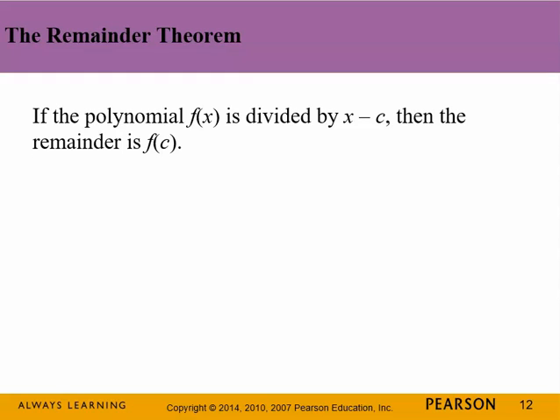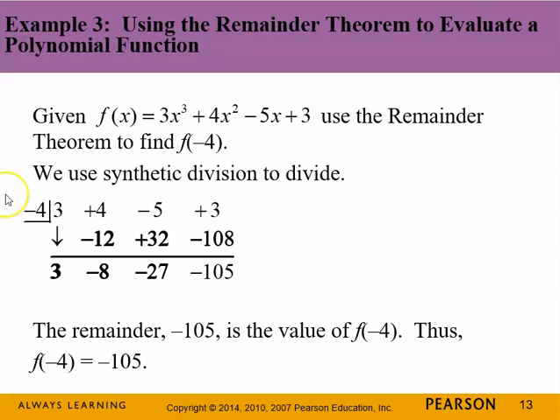All right, now we're going to take a look at the remainder theorem. That if a polynomial whose function is this is divided by this, then the remainder is this. What happens? Well, let's check it out in the next slide as example 3, using the remainder theorem to evaluate a polynomial function.